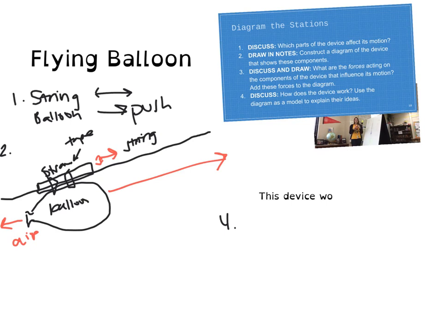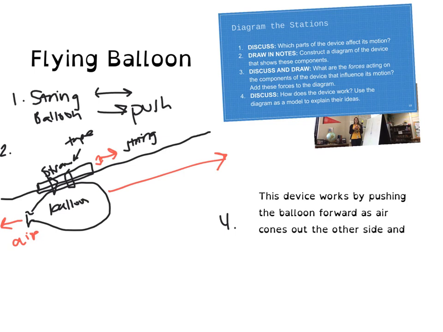This device works by pushing the balloon forward as air comes out the other side and the straw keeps the balloon going in a straight line.